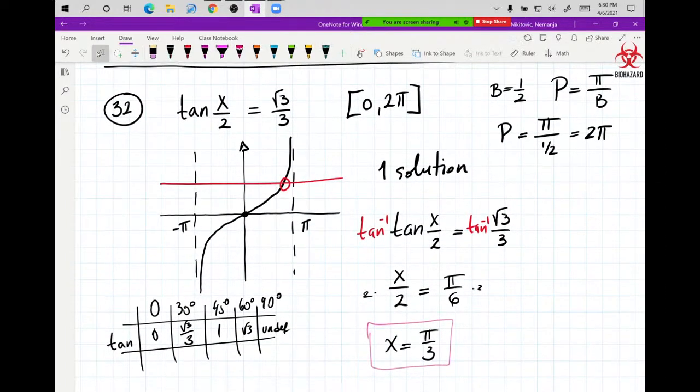And how do I know that there is no other solution? Because there will be another tangent graph over here. Look, there is a distance from this end that it's below, which will start here. This end, where it starts, is a pi away from the asymptote. From the center, I mean. So, when this goes up, it will hit here at 2 pi.